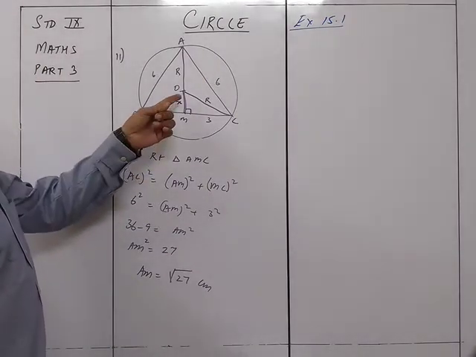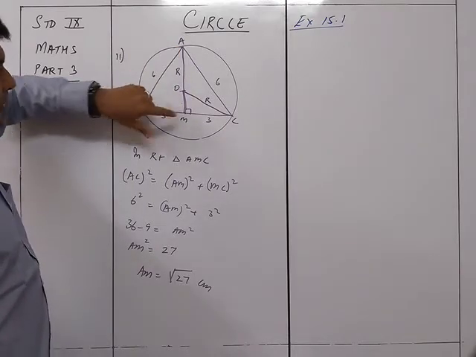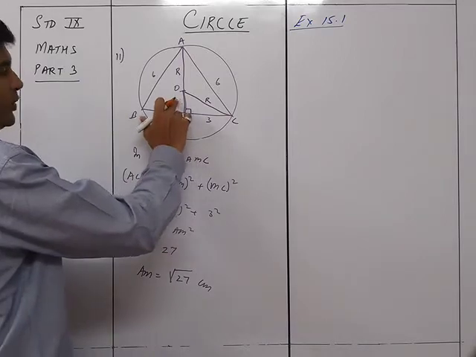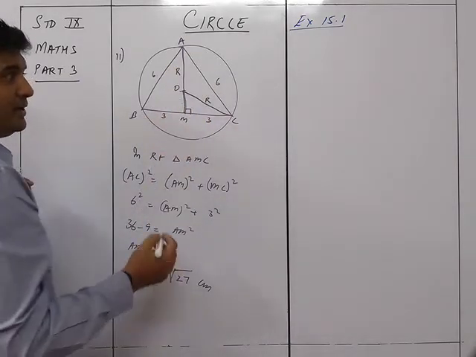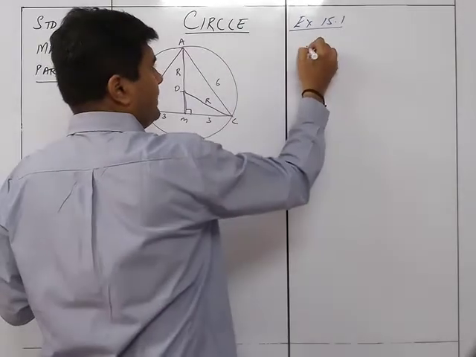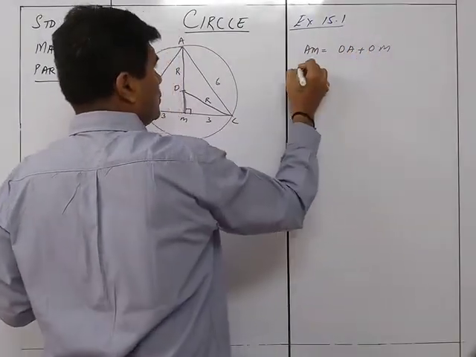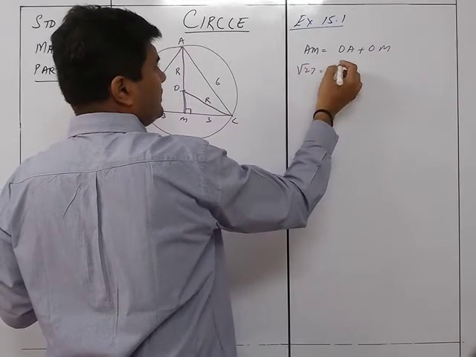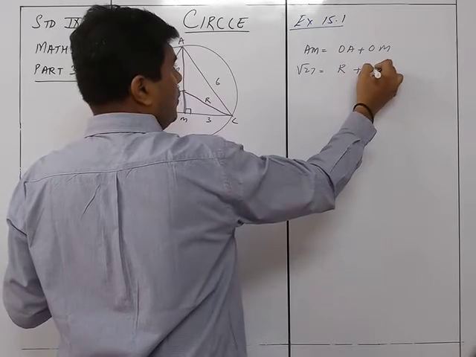Now if this complete thing is root 27, what will be this part over here? This X part will be root 27 minus R. You can see AM is equal to OA plus OM. So root 27 is equal to R plus OM.